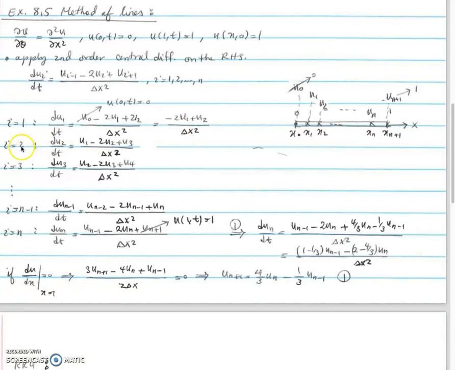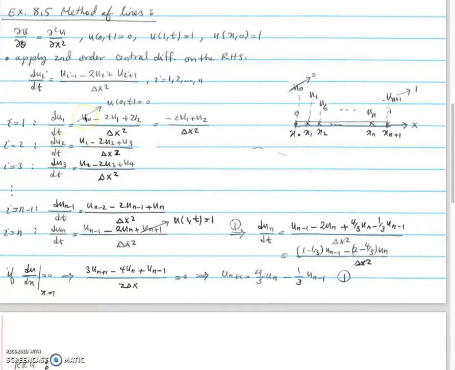Now when we plug i equal 2 in here, the left side becomes du2 dt, and the right side becomes u1 minus 2u2 plus u3 divided by del x squared. Again, I'm replacing all i values here by i equal 2.